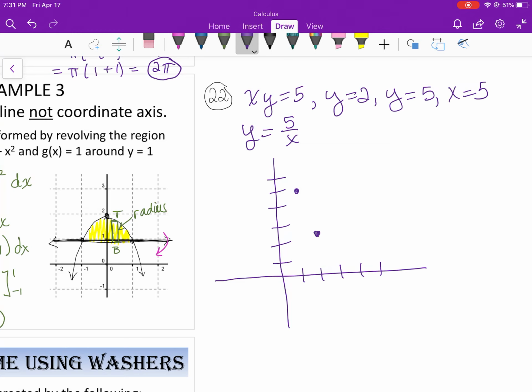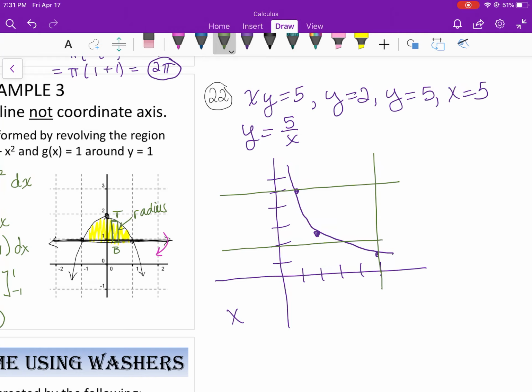When x is 5, I am at 1. So something like that for the curve. It would have another buddy curve down here in the third quadrant, but I'm not too worried about that based on all these other bounds I have to graph. Here's y equals 2 coming in. Here's y equals 5 coming in. Here's x equals 5.